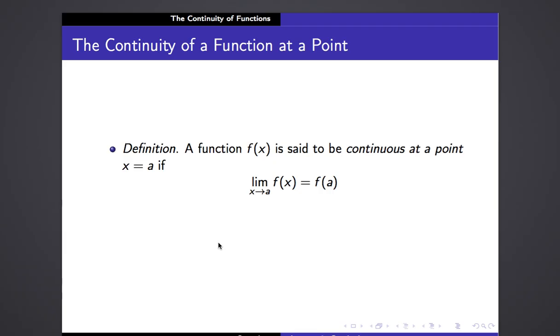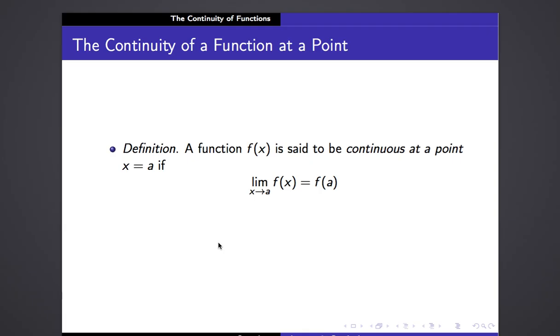Again, a function f of x is said to be continuous at a point x equals a if the limit of f of x when x approaches a equals f of a. So when it comes to continuous functions, finding a limit is nothing other than plugging in x equals a.